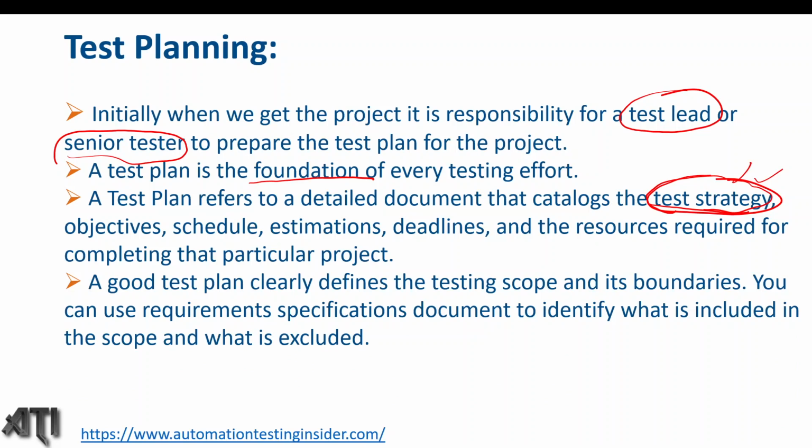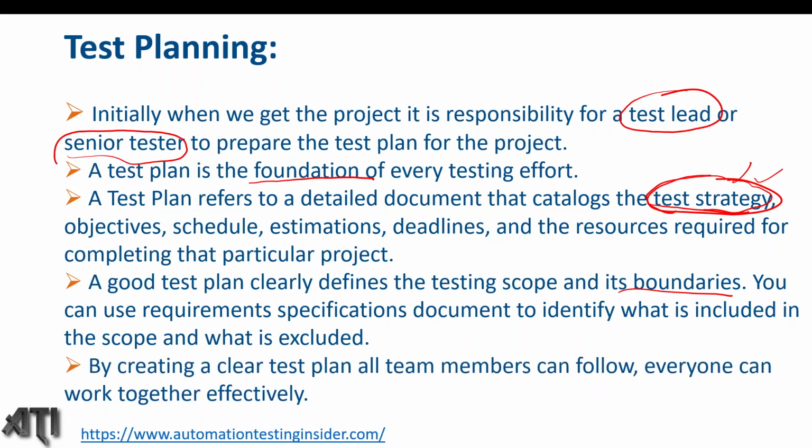Moving forward, a good test plan clearly defines the testing scope and its boundaries. You can use the requirements specification document to identify what is included in the scope and what is excluded. So in the test plan, scope should be defined clearly, like what items should be in scope and what features are not in scope. By creating a clear test plan, all the team members can follow it and everyone can work together effectively.